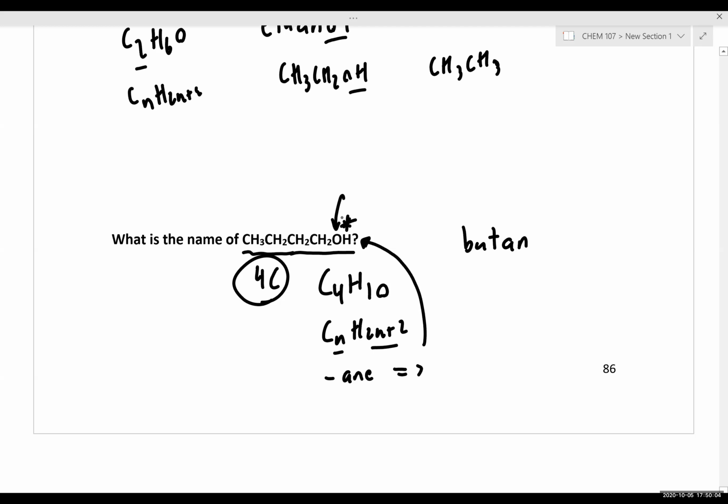However, since we have an alcohol, instead of butane, it would be named as butan. What suffix do we use at the end to denote an alcohol? OL. Yep, so this is butanol. Does this make sense to everyone?